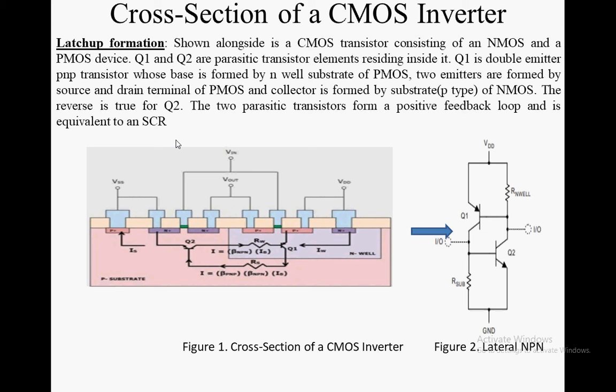Q1 is a double emitter PNP transistor whose base is formed by the N-well substrate of the PMOS and two emitters are formed by the source and drain terminals of the PMOS, and the collector is formed by the P-type substrate of the NMOS. The reverse is true for Q2, meaning Q2 is an NPN transistor and Q1 is a PNP transistor. The two parasitic transistors form a positive feedback loop and are equivalent to an SCR.